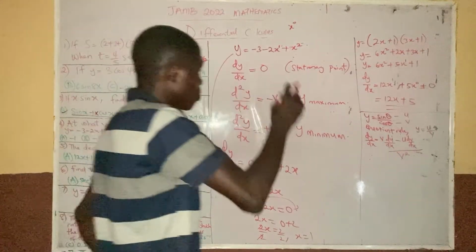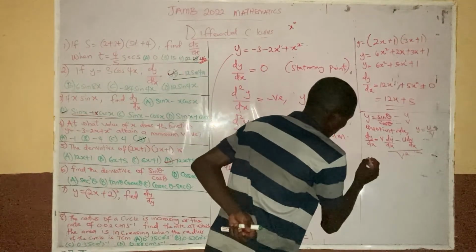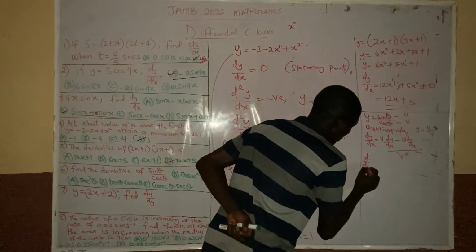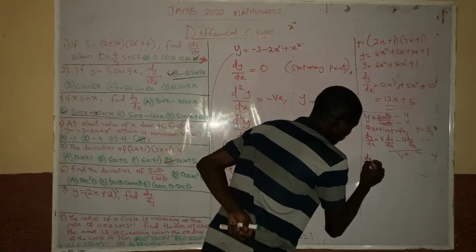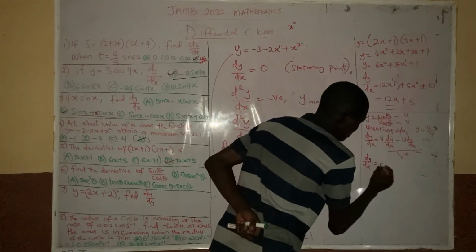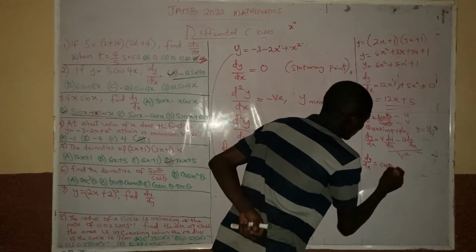Now let's see how it works with this. Here your u is sine theta and your v is cos theta.